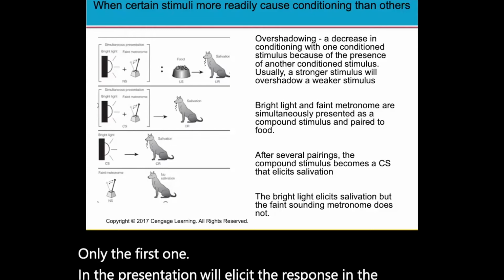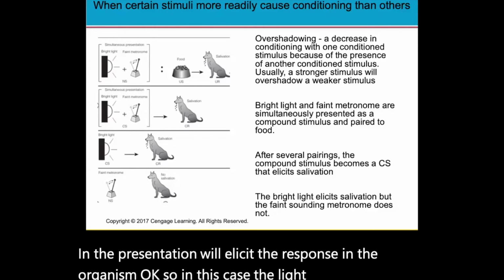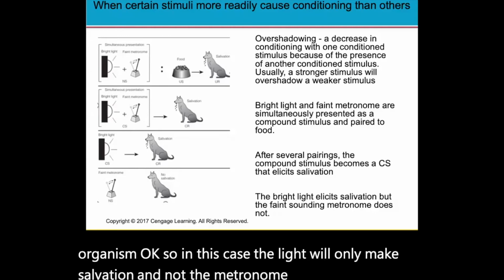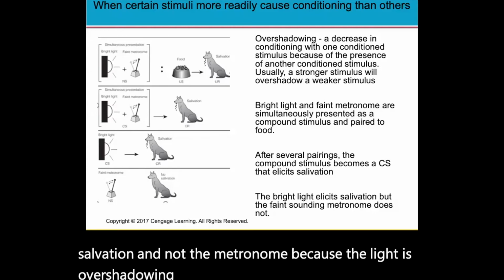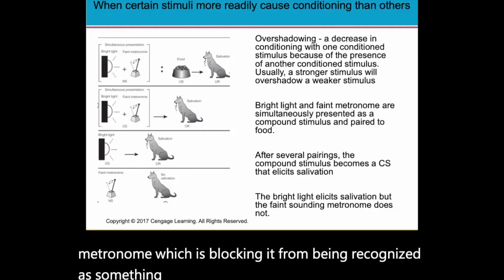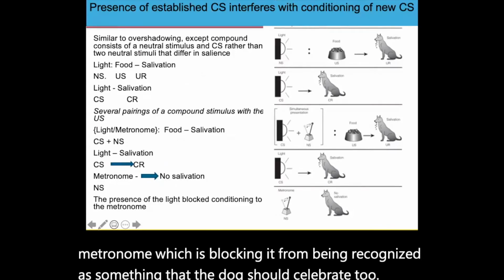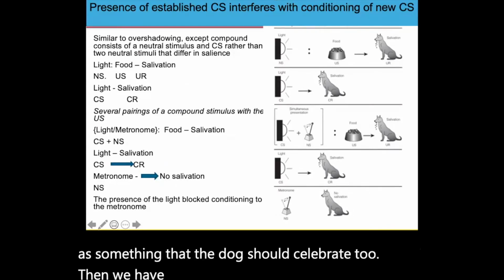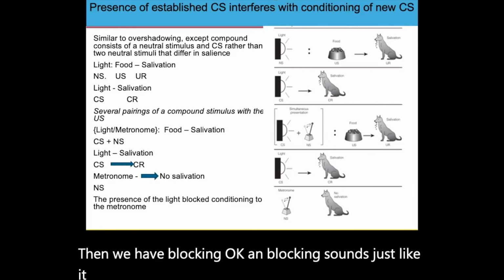So in this case, the light will elicit salivation and not the metronome, because the light is overshadowing, casting a shadow upon the metronome, which is blocking it from being recognized as something that the dog should salivate to. Then we have blocking, and blocking sounds just like it sounds.